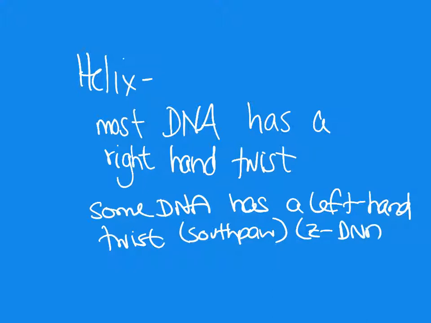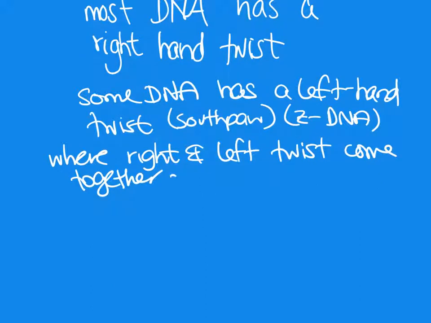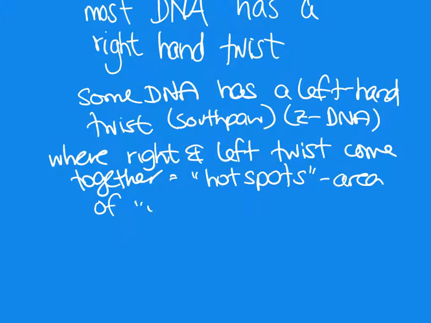Because of that twist, what's going to happen where the right and the left twist come together? No, it makes it weak. Just like with that piece of metal that Tony's over there bending, you end up with what they call hot spots. And it's an area of sort of like a weakness, if you think of it like a piece of metal where you're twisting in two opposite ways.